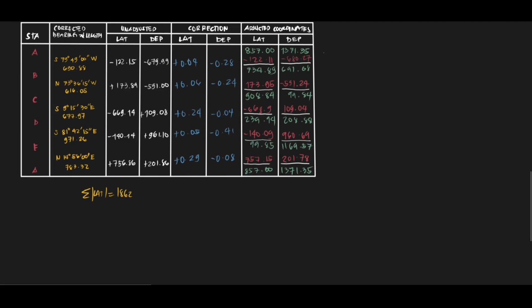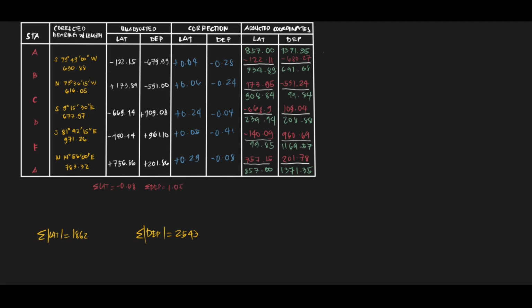And then summation of the departure, the absolute value still, will be 2543. Of course, the summation of latitude will be the same, so you will have here a total of negative 0.68, and then summation of departure will be 1.05.